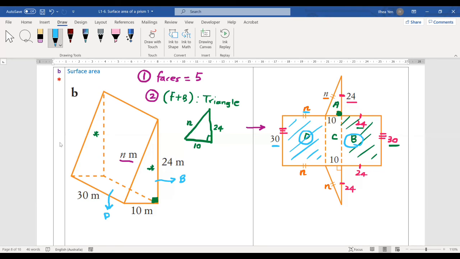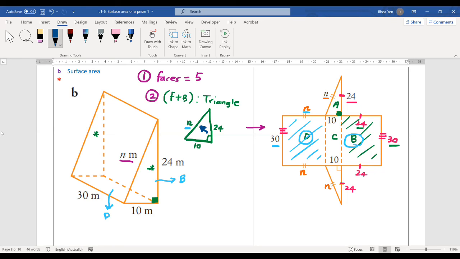So they're not the same. Let's find n first, because if we find n, we will know D. n is opposite to the 90 degrees, and also n is the longest side of the right angle triangle, which is the hypotenuse.